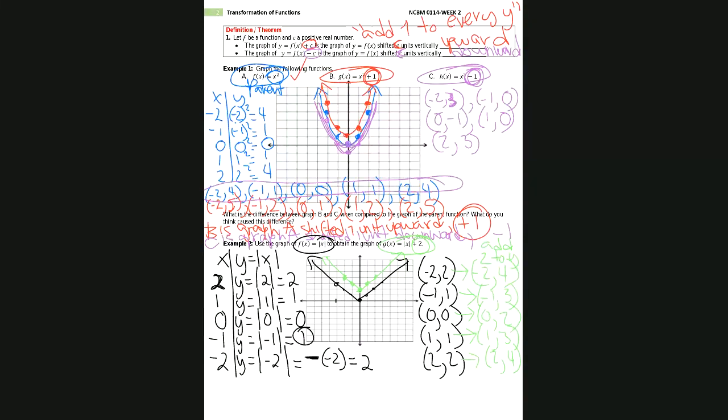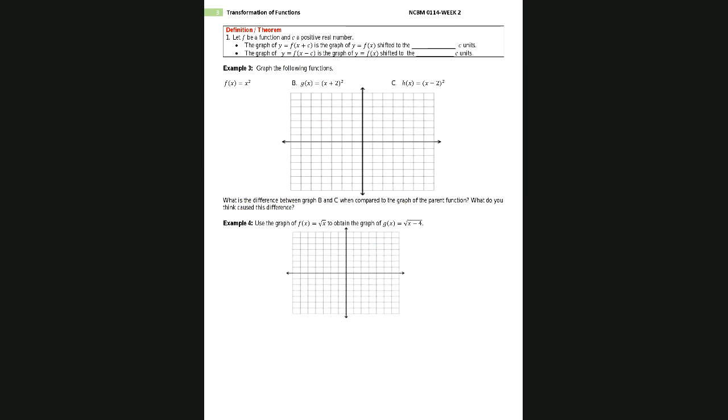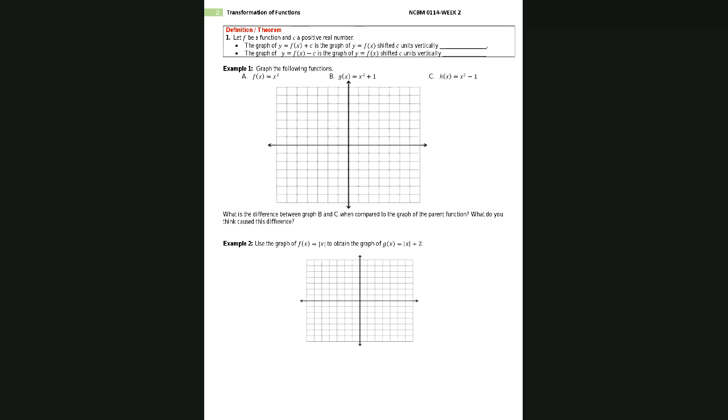So let's go to our last page for this lesson. Actually, we have 2 more, sorry. So we have this one, and now what we're going to cover is horizontal shifting. Actually, let's go back to the other one and write down that this covers vertical shifting.